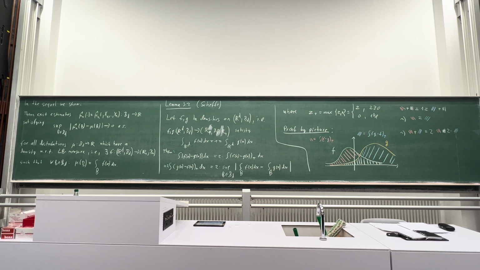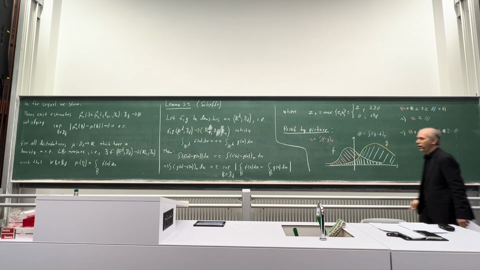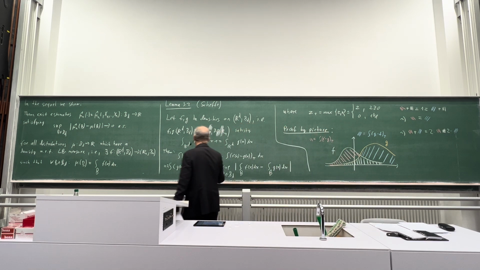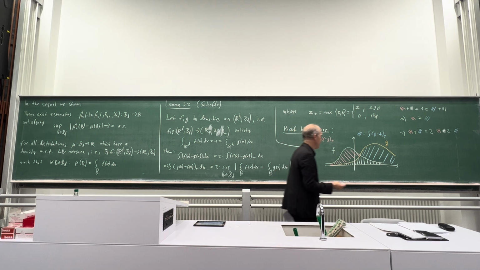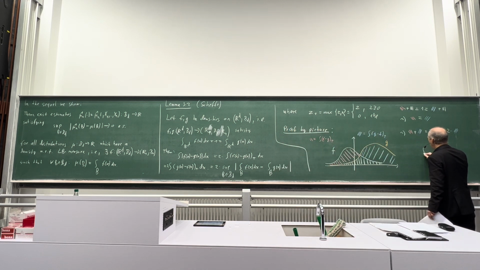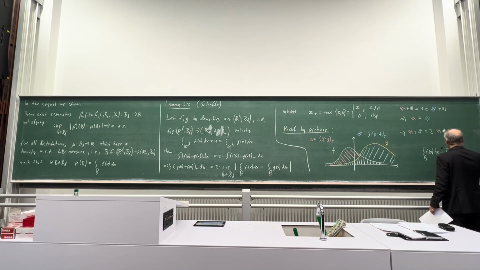Any questions so far? And now you have to show that this is equal to this, but here instead we ignore the supremum and just look at this value without this difference. This integral over B of f of x dx minus integral over B of g of x dx.